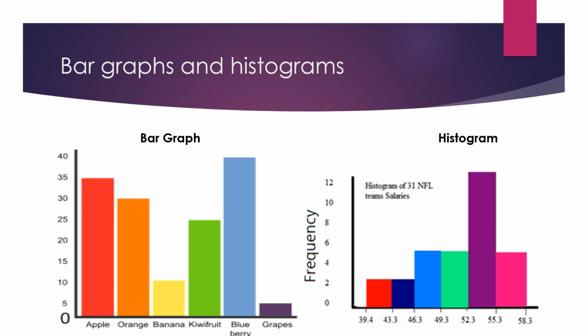For the histogram, there is a minor problem here. Again, sometimes you need to see one that's a little funky in order to understand how to recognize it. So this histogram is the 31 NFL team salaries. I'm not completely sure about the nature of the original data here, but each of these bars, again, represents a count, so I would assume the purple one is probably 13.